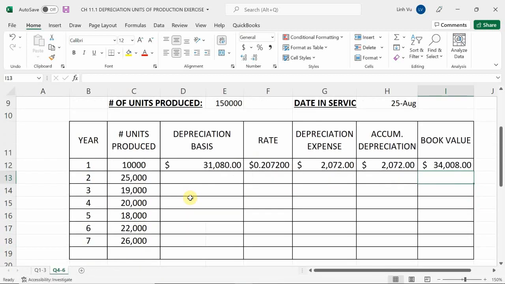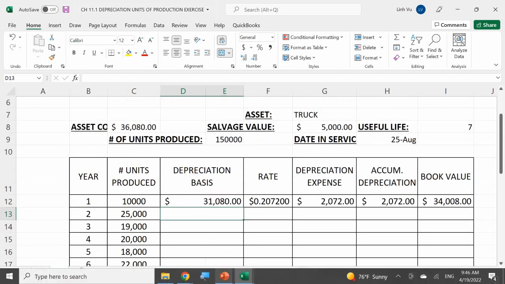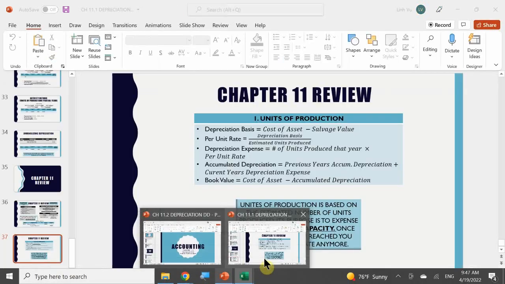So let's determine the rest. What about my depreciation basis for the second year? Basis. Cost of asset minus salvage value.